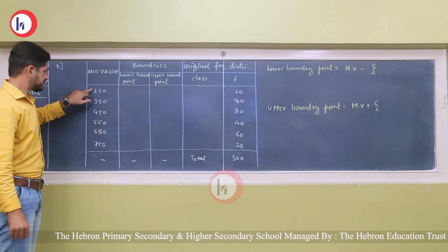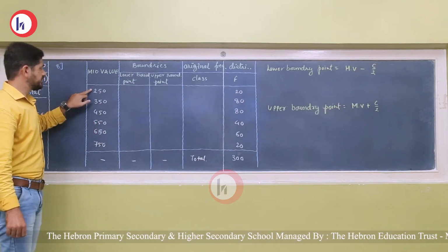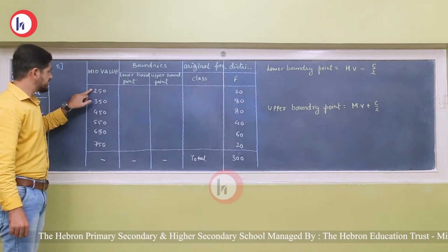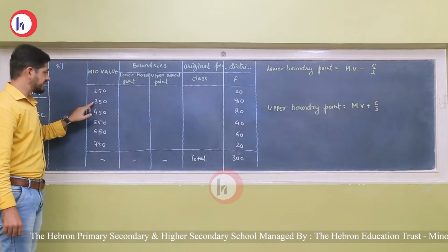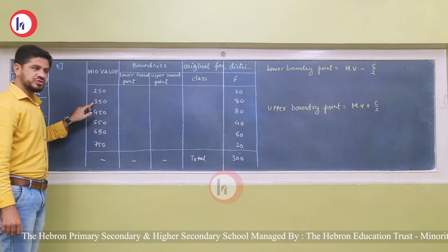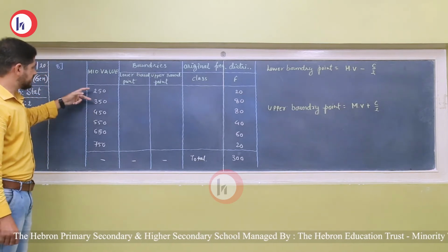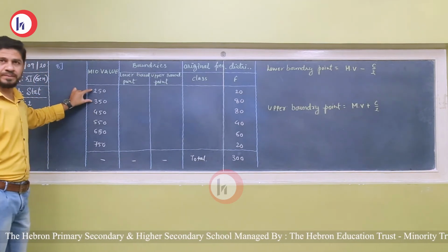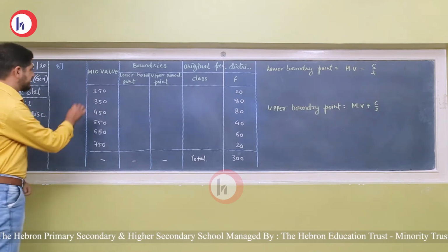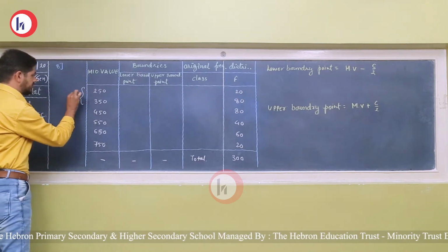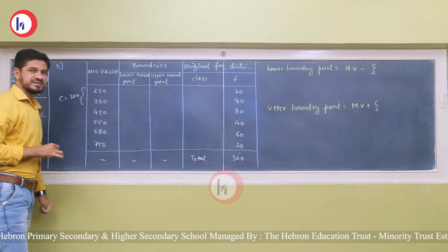As you see, the mid value of the first is 250 and the second is 350, so one can easily measure that the difference is 100.